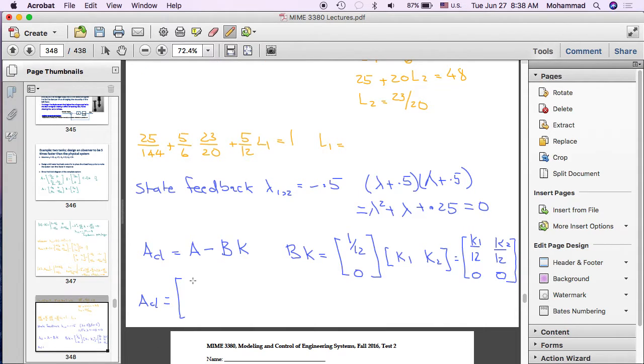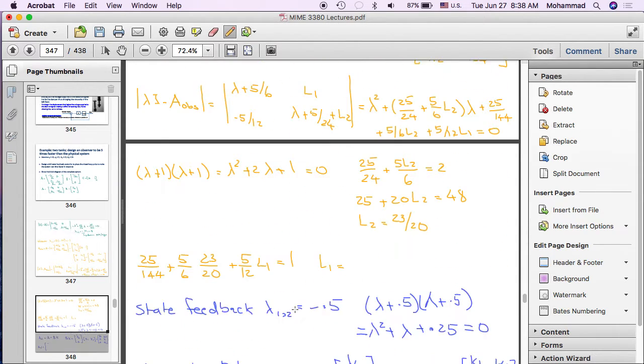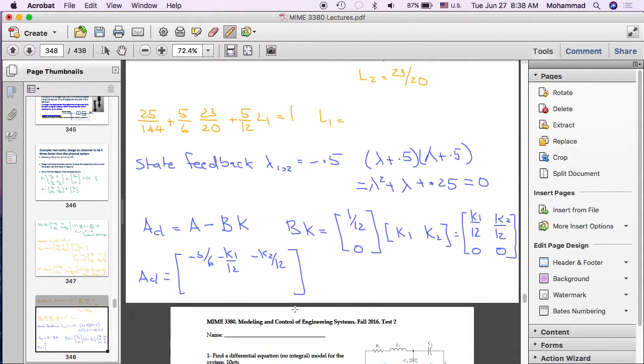So the first row is minus 5 over 6 minus K1 over 12, and minus K2 over 12, because the second element is 0. The second row is 5 over 12 and minus 5 over 24. So that's A of closed loop.